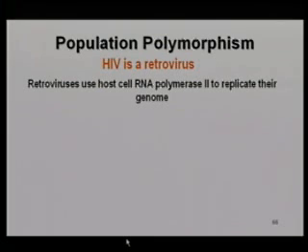Now, in most cases, that mutation load is going to be detrimental to the virus, and the virus will just die. But some of them give the virus a selective advantage, particularly in the hostile environment of the bloodstream where antibodies are being produced.